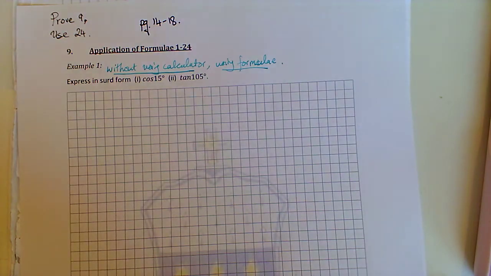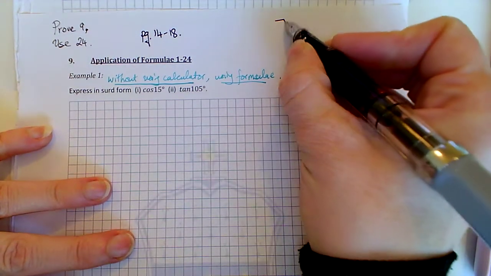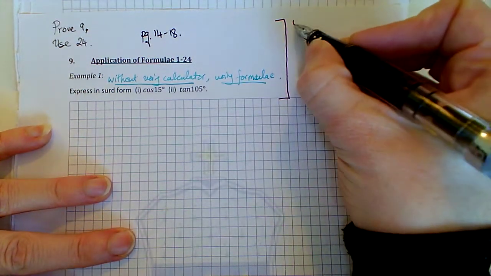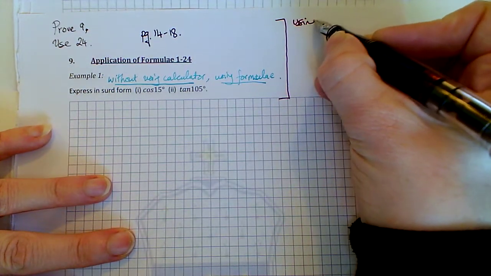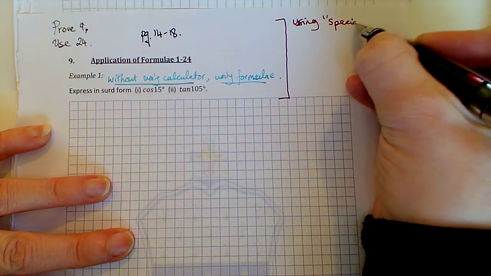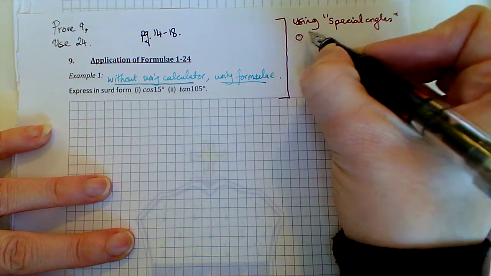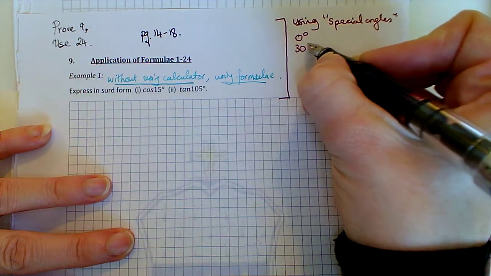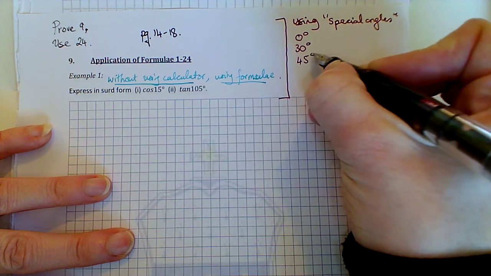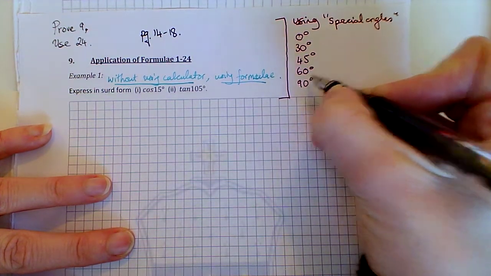What can we do with sine, cos, and tan without a calculator? Well, we need to know our special angles. So all of these applications means that we're going to be using what we call our special angles. And the special angles are 0, 30, 45, 60, and 90 degrees.